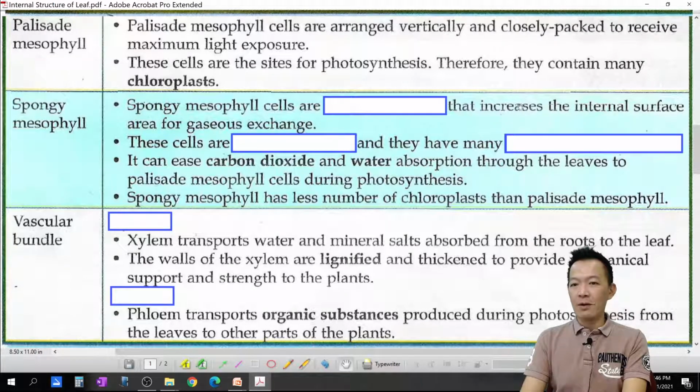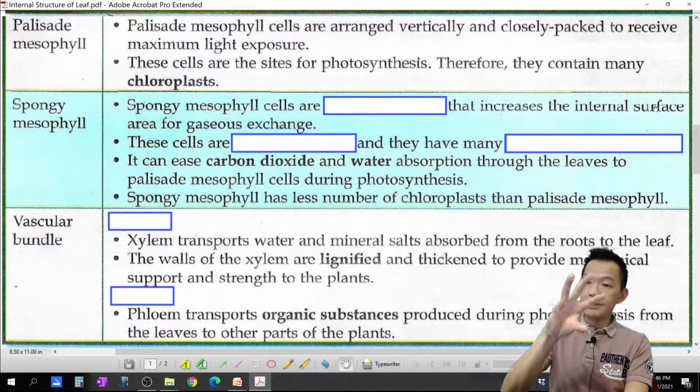Spongy mesophyll, okay. They increase the internal surface area for gas exchange. So the cells are of irregular shape. Why irregular shapes?